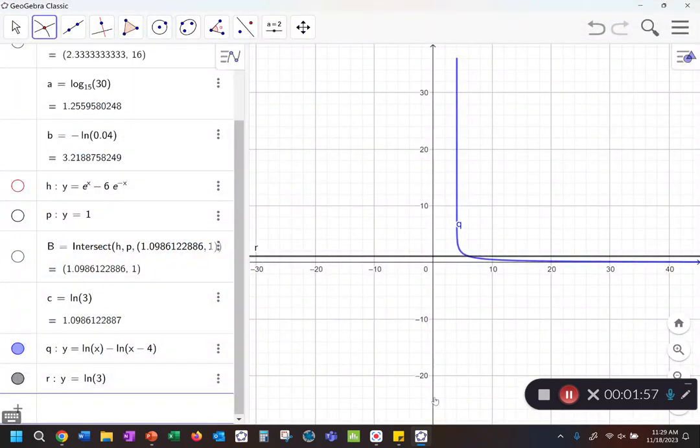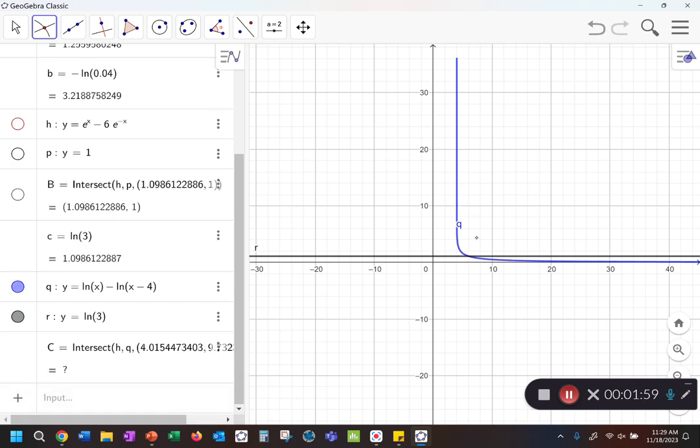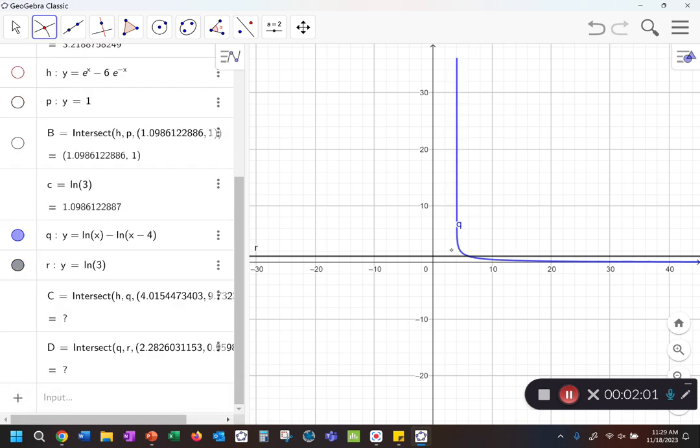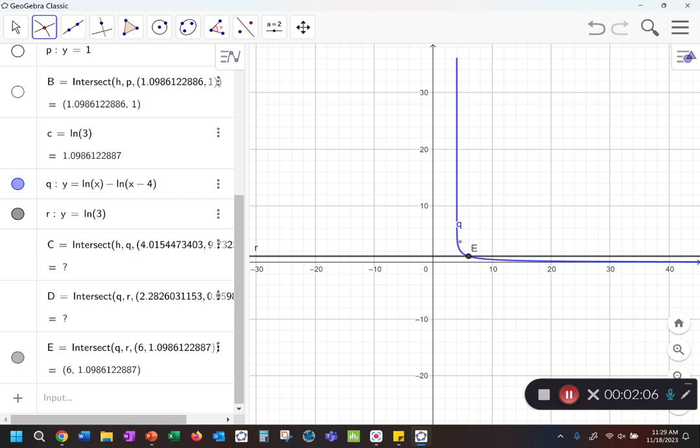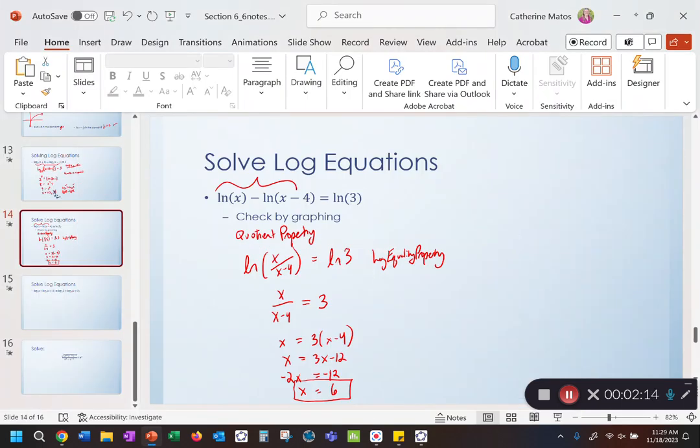And we're going to say, okay, where do these guys intersect? There we go, right at 6, which is what we had gotten for our answer. So these are nice because you can self-check, and hopefully, if you do make a mistake, they'll help you figure out where you made your mistake.